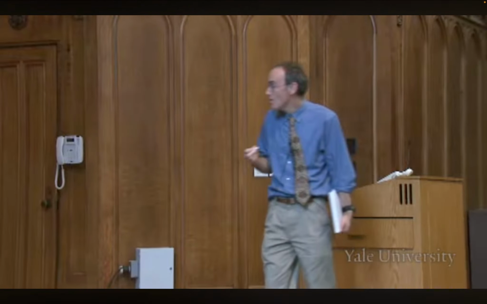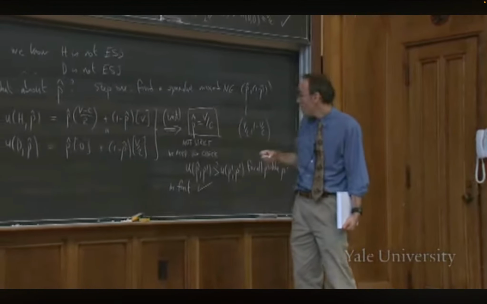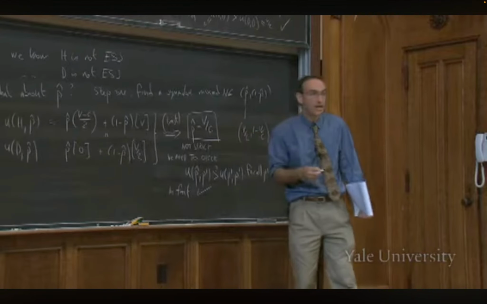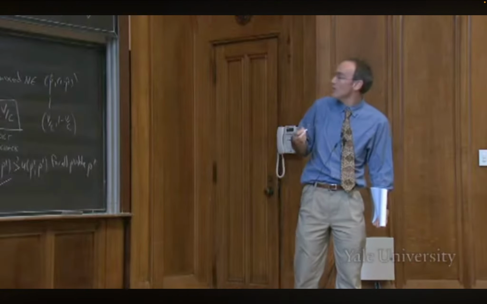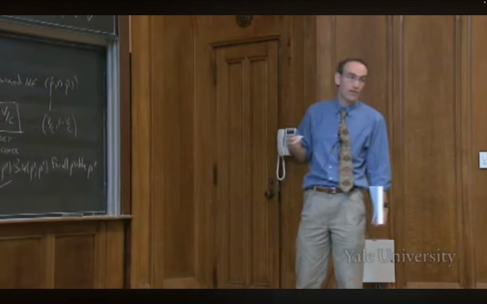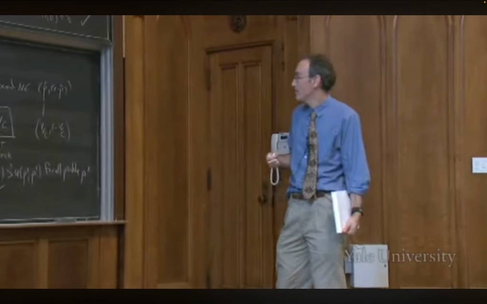And we don't end up with 100% fights, which is also not what we'd expect to see in nature. What we end up with is a mixture of hawks and doves such that v over c is the proportion of hawks. So the fights that occur are essentially v over c squared. We can actually observe those fights in nature.